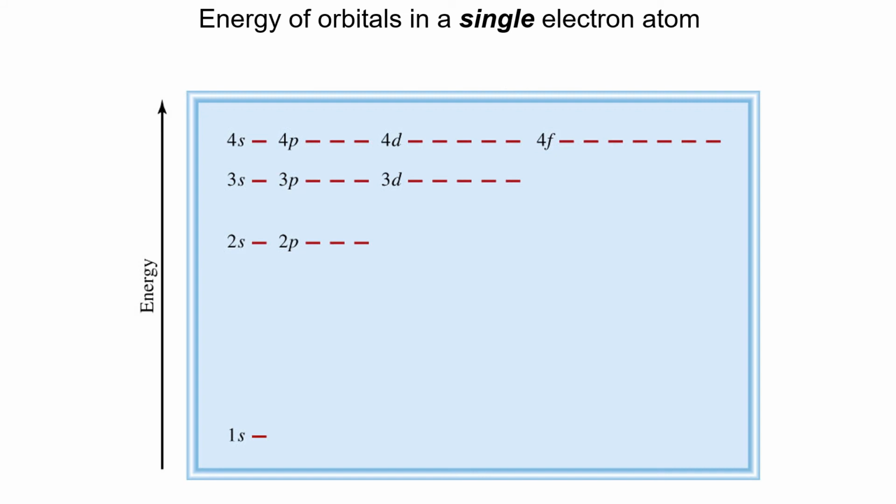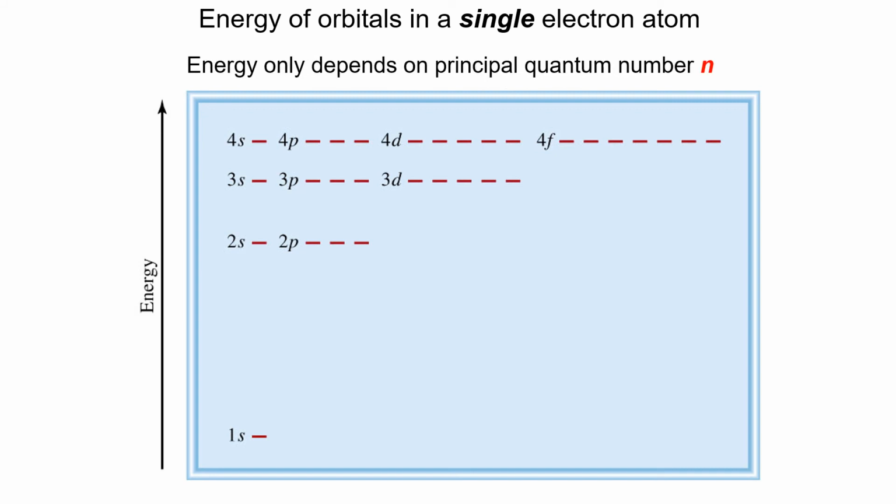For the energy of orbitals in a single electron atom, of which there is only one, that's hydrogen, the energy depends only on the principal quantum number. And that should make sense, because if we have one electron, it has to be in n equals 1.